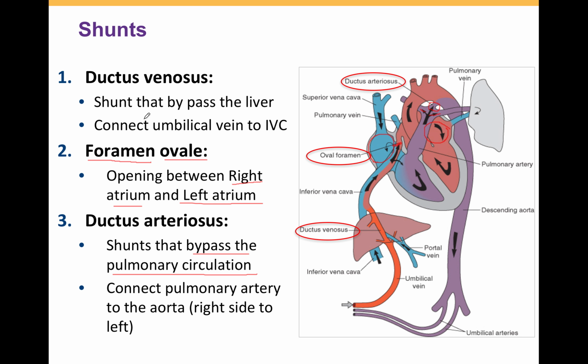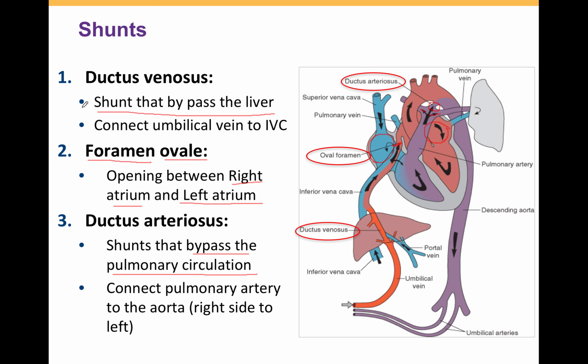Last one: we said we don't really need the liver to detox your blood, because the blood is actually coming from the mother and is supposed to be already detoxed. So you're basically bypassing your liver by creating a duct called the ductus venosus.